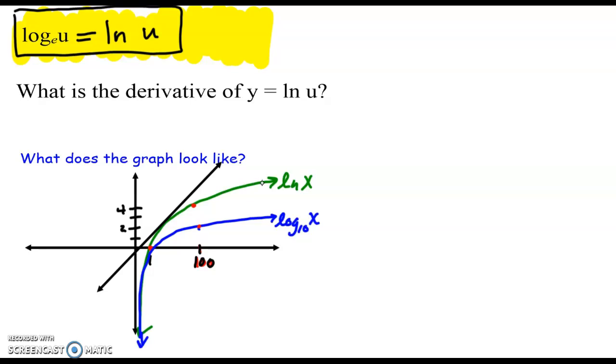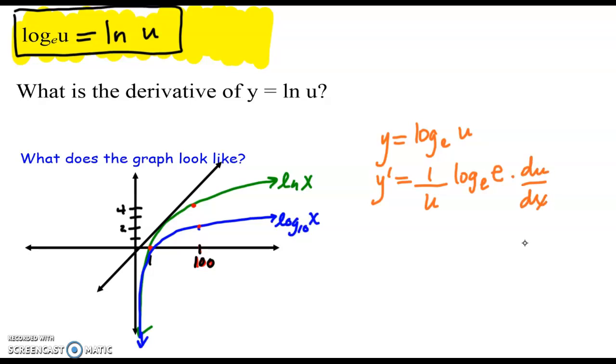So if we use what we learned in part 1 of 7.1, here's the logarithm, and I'm going to take a derivative then. The derivative is 1 over u times the log, same base, of e, times the derivative of whatever u is with respect to x.